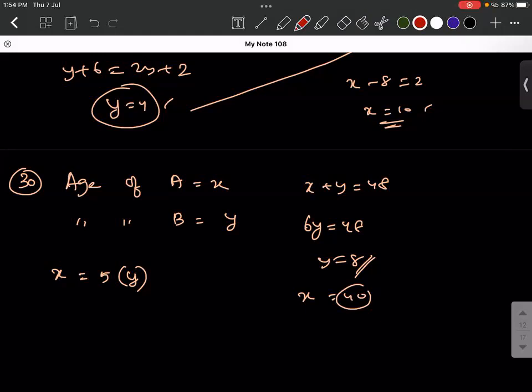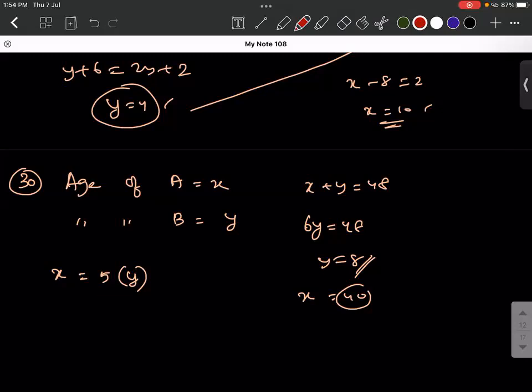Actually, this is not how you would be at all. My present age is 5 times. So A tells B, right? So A says to B that my present age.